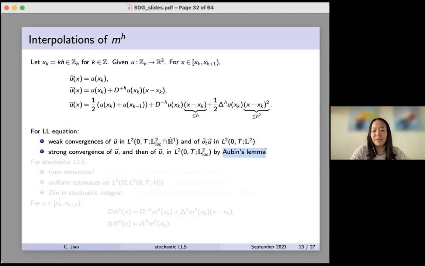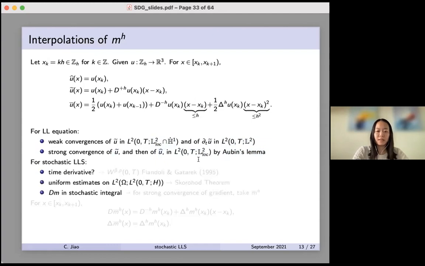Then by Aubin's lemma, this gives us strong convergence of u tilde in the L2 time, L2 local space, which in turn implies the same strong convergence for u hat, the piecewise constant approximation. Then this gives us the final convergence to the Landau-Lifshitz equation.